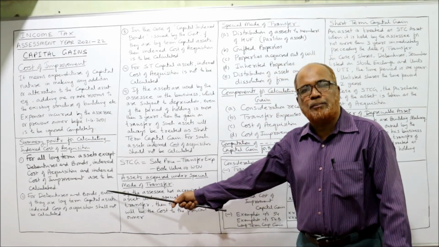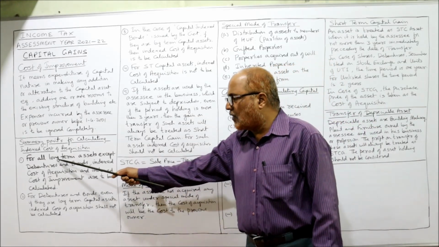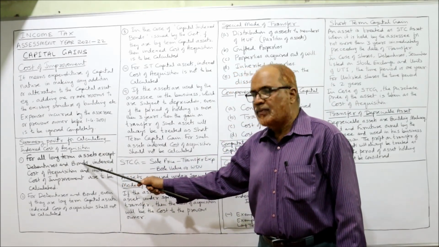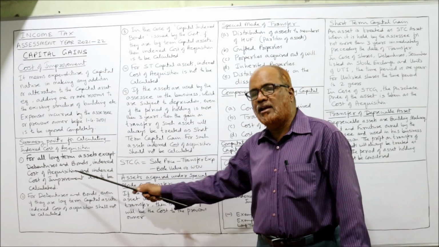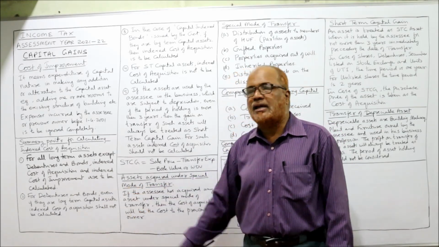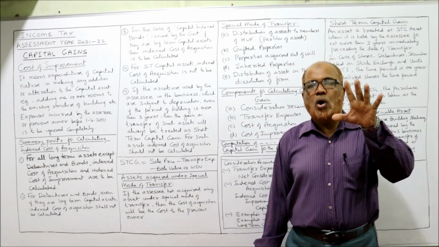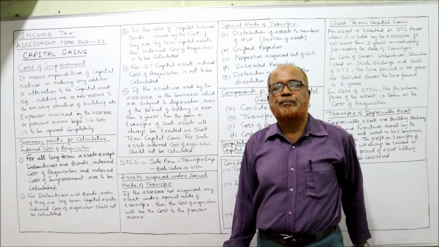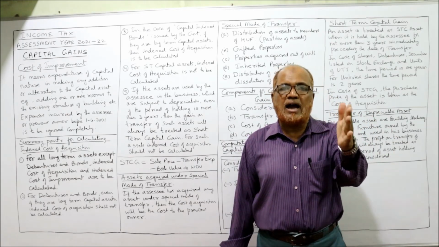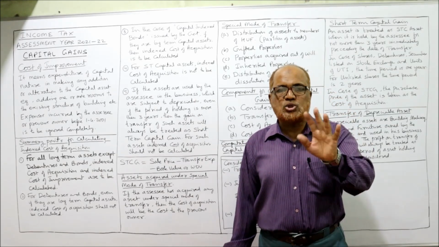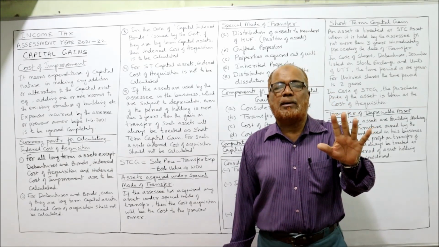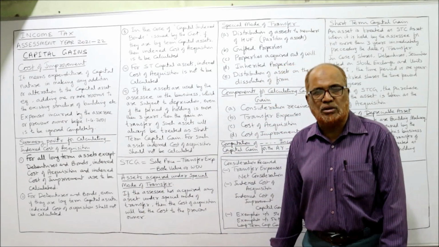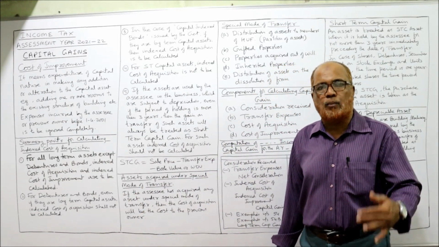Apart from that, what are the other points regarding indexation? For all long-term assets, except debentures and bonds, indexed cost of acquisition and indexed cost of improvement are to be calculated. First point, all long-term capital assets except two, that is debentures and bonds. Leaving these two, for all other long-term capital assets, indexed cost of acquisition or indexed cost of improvement should be calculated.